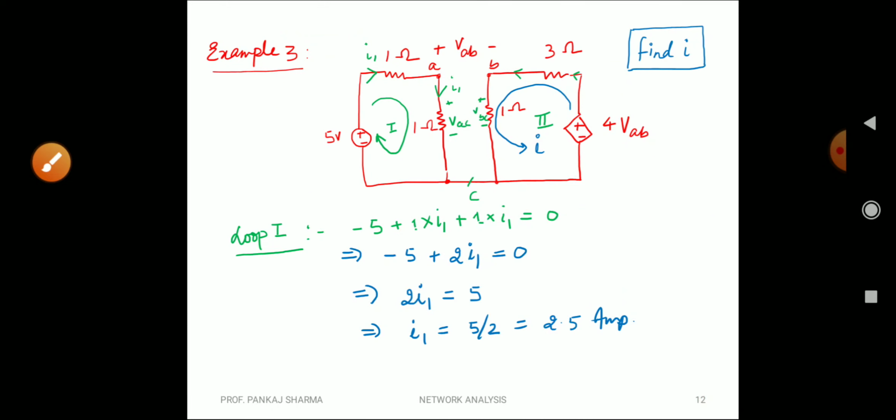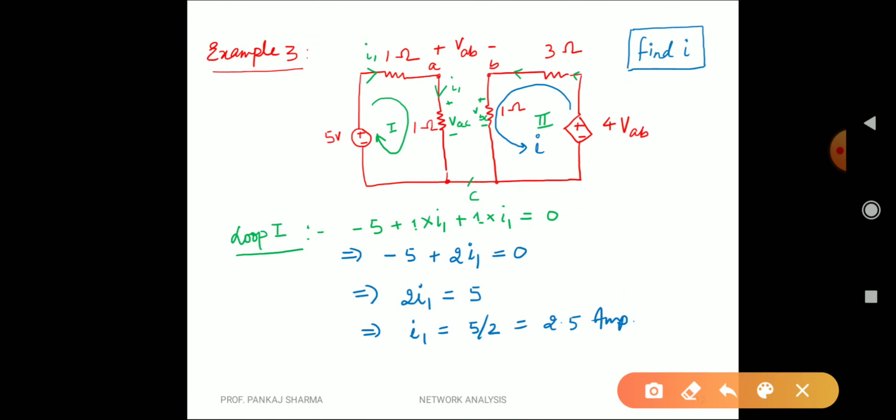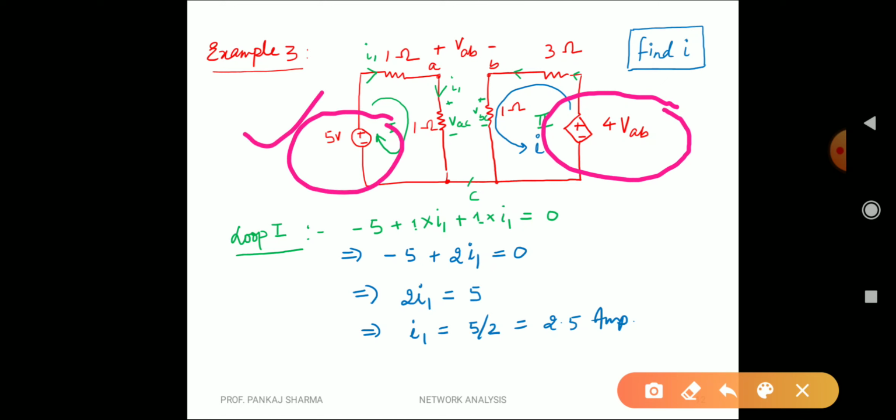Now see this one very important observation. This is your dependent source and this is your independent source. When we deal with an independent source like this, things go very easily. When there is a dependent source, things are not so easy. Why? Because there is a parameter on which this dependent source depends, and this VAB is defined somewhere. You have to first calculate this VAB.